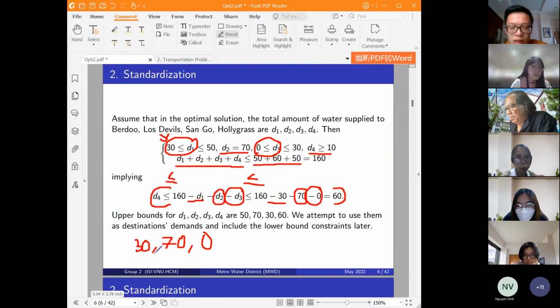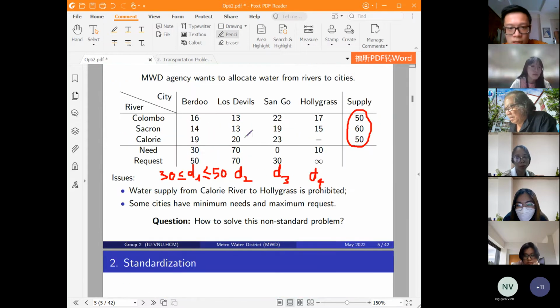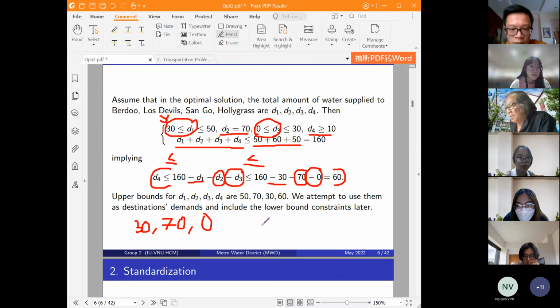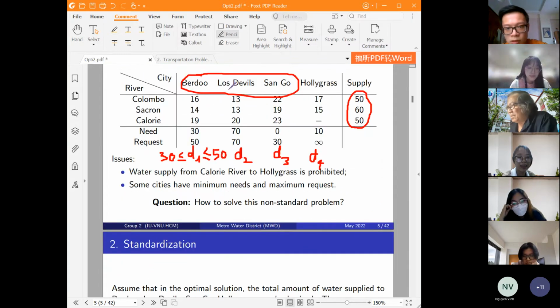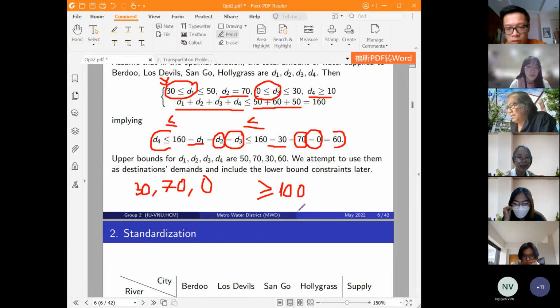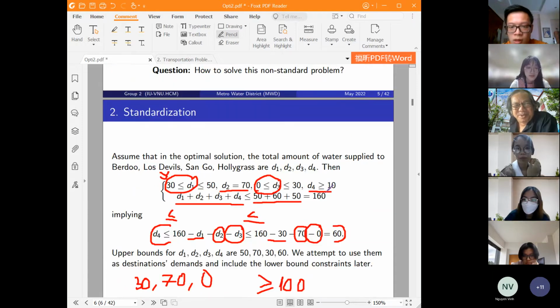So for the first 3 cities, we have to supply a total of at least 100. We sum up the 3 numbers here, so we have 100. For the first 3 cities, we have to use at least 100 to meet their minimum needs. That's easier to understand.